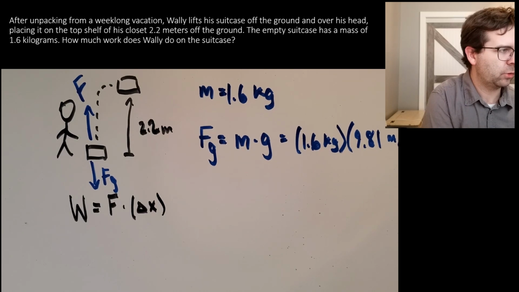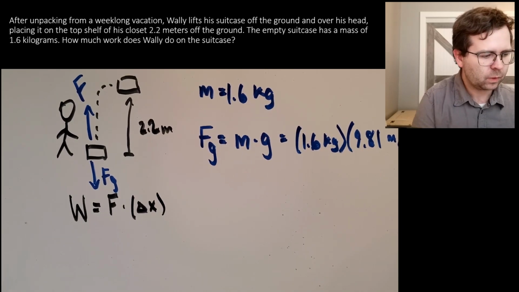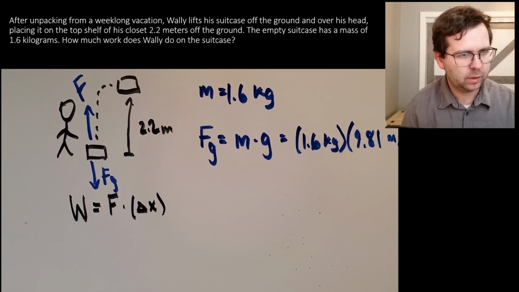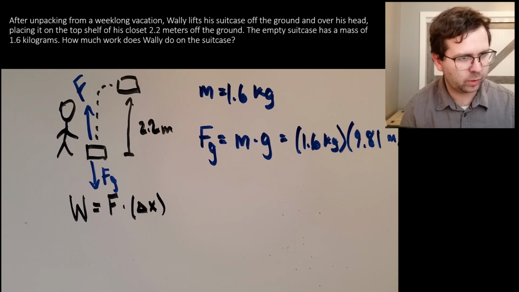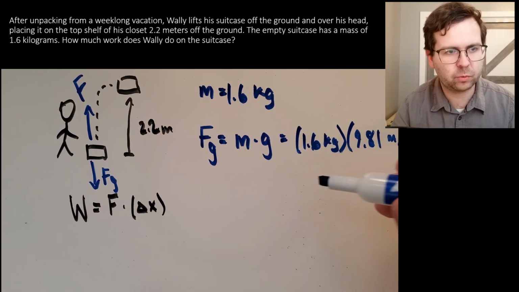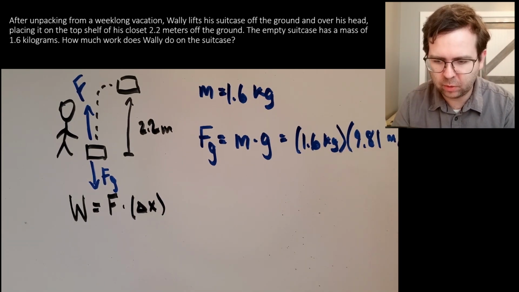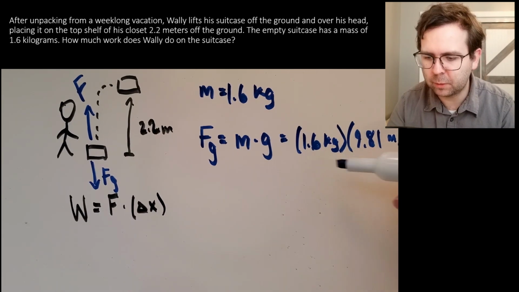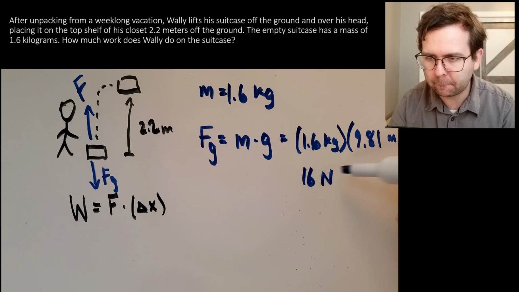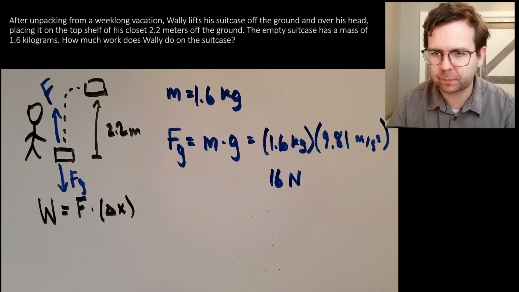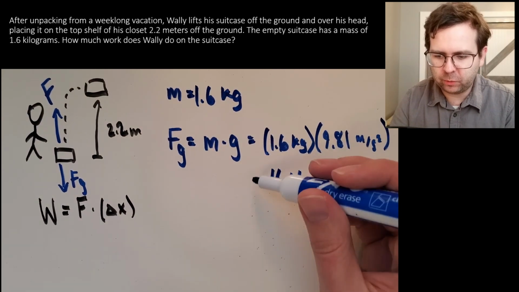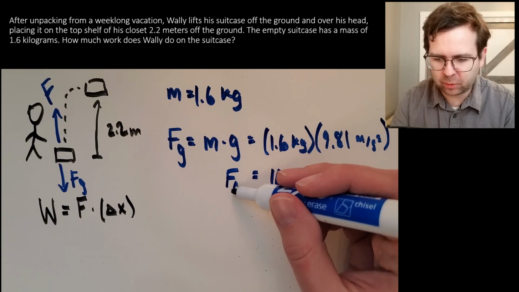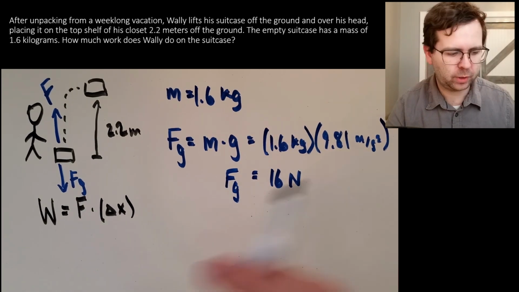There's no vectors needed for work. So 9.81 times 1.6 gives us 15.7. We'll round that to just 16 newtons. Okay. 16 newtons for the weight. And so that's the amount of force that Wally is applying to the suitcase.